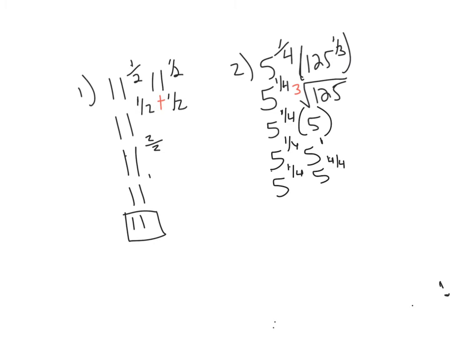Well, now I have base of 5, base of 5. I can add my exponents. So this would be 1 plus 4 all over denominator 4. So 4 plus 1 is going to be 5. And denominator stays the same. So 5 raised to the 5 over 4 is how we can simplify 5 raised to the 1/4 times 125 raised to the 1/3.